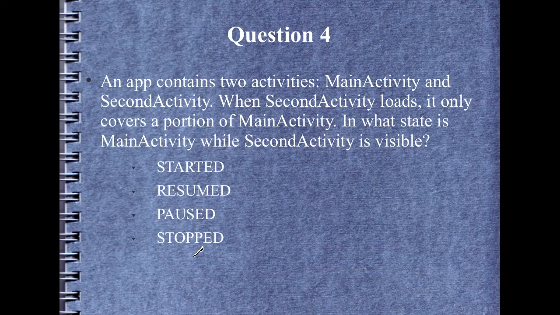Assume an app has two activities, MainActivity and SecondActivity. When SecondActivity loads, it only covers a portion of MainActivity. In other words, physically, it only covers a portion of the screen, and MainActivity is still partially visible in the background. In what state will MainActivity be while SecondActivity is visible? Will it be started, resumed, paused, or stopped?